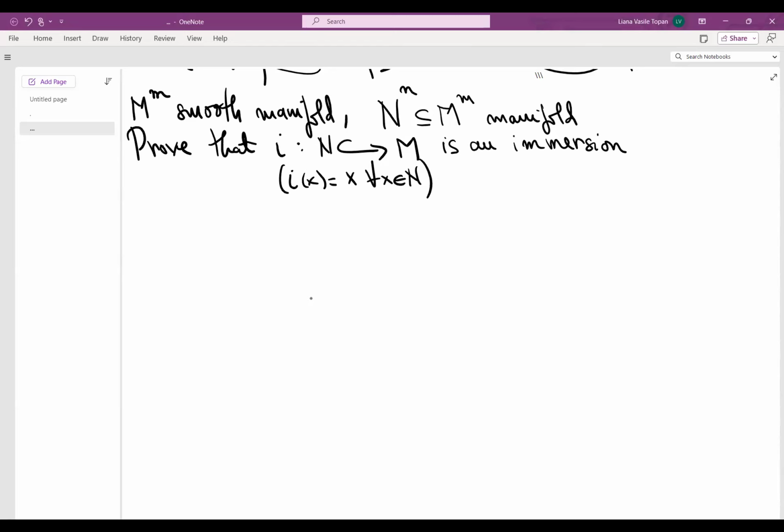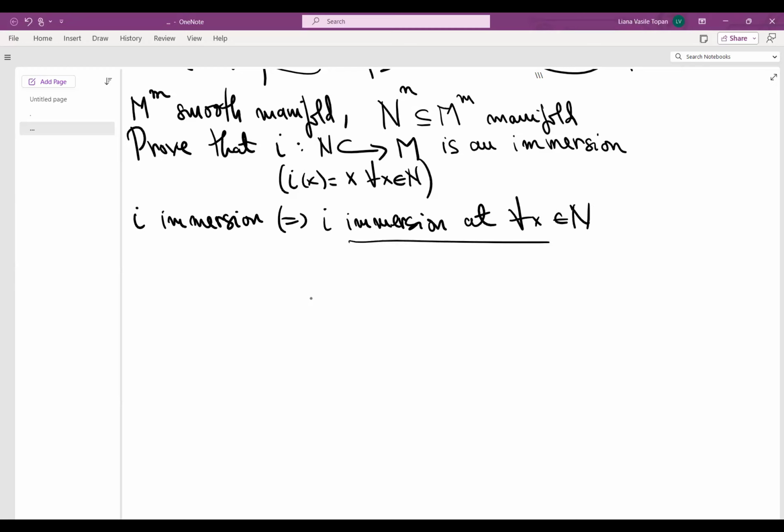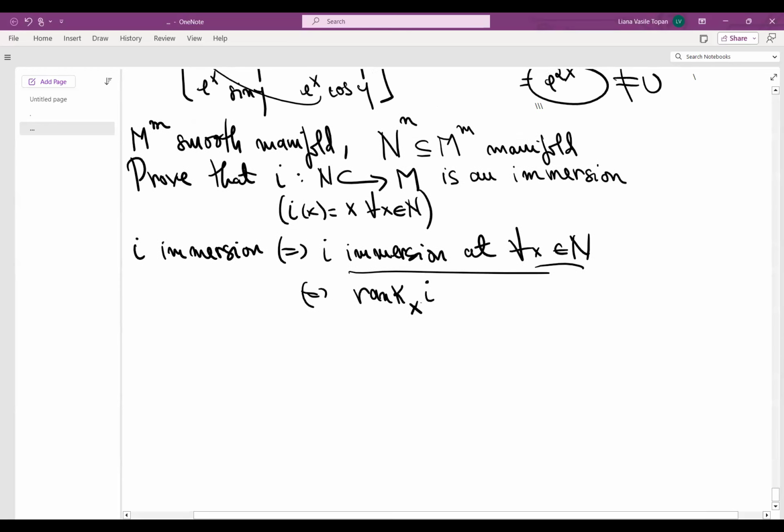So what I'm going to write here so I remember it: i will be an immersion if and only if i is an immersion at any point x of N. So we are going to show that i is an immersion at any point x of N, and this is equivalent with the fact that the rank of the map i at any point x of N is, well, means the dimension, so this is n, the dimension of the domain N, which obviously is less than or equal to m because of the submanifold.